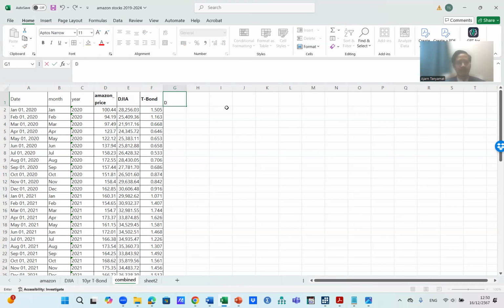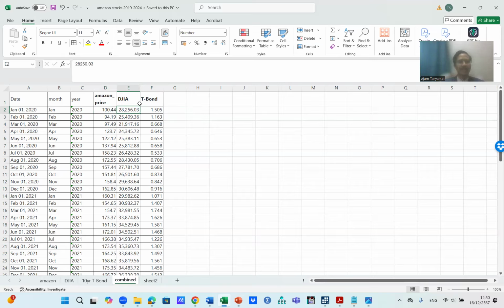So I'm going to define this variable. Let's see here. You know what? Let me just go ahead and save this, and we'll do this in Stata. Okay, we want to scale in such a way that these numbers are on a comparable scale.